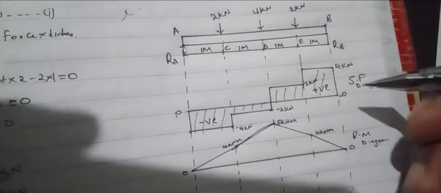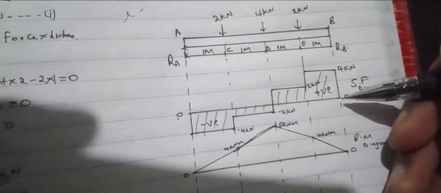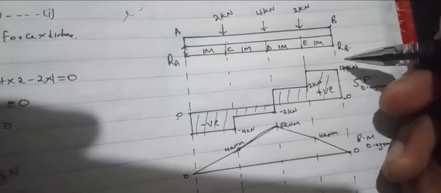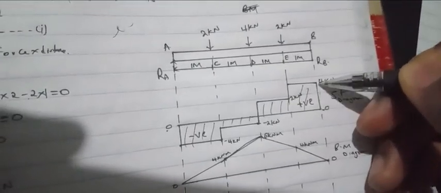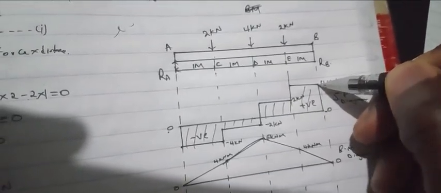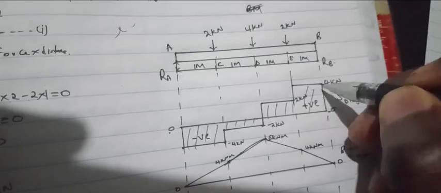Now, what was our shear force at point B? Our shear force at point B, you remember, was 4 kilonewton. So we shall go upward up to 4 kilonewton.